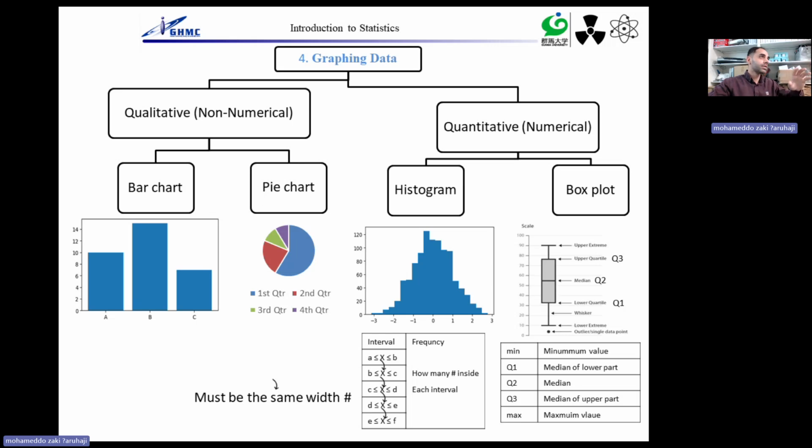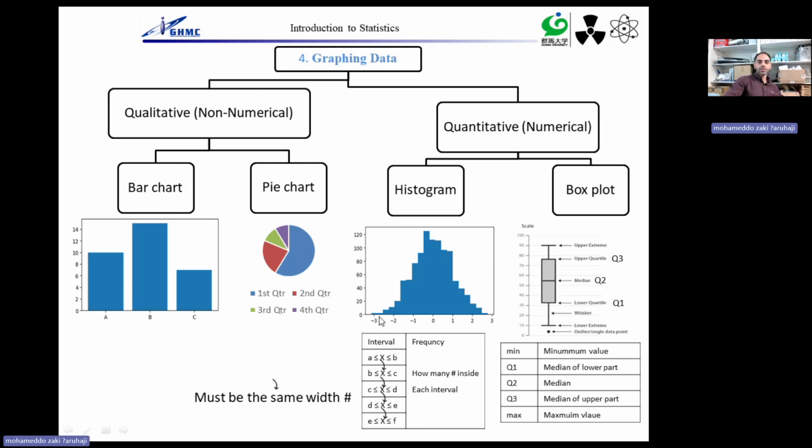It's up to me. No one can control me. But usually people divide it into 5 parts, or let's say Excel or software normally divides it into 5 parts. With technology, you must first have a minimum value, and this minimum value has to be less than the data set minimum value.